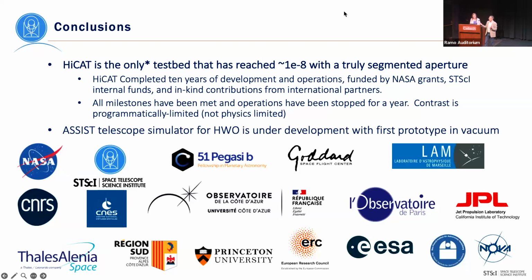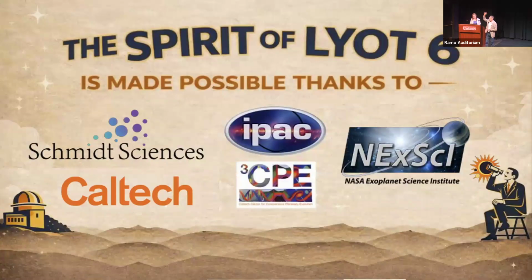So at this time, we have a long list like this of things that we want to improve. It's true that we have this contrast of 6 × 10⁻⁸ in broadband, and actually I think there's some interesting things because I was looking in the literature. There are some other test beds that have very similar numbers.